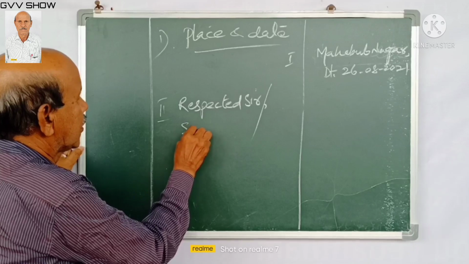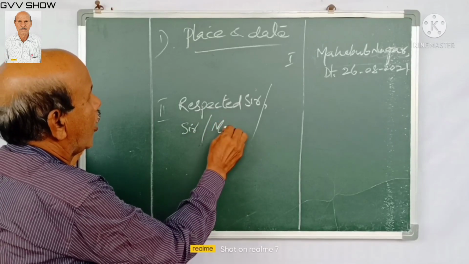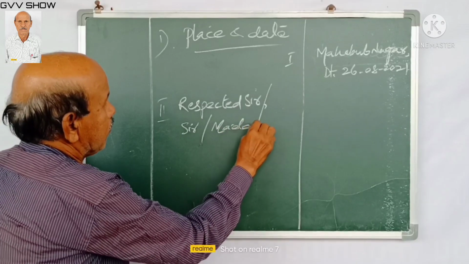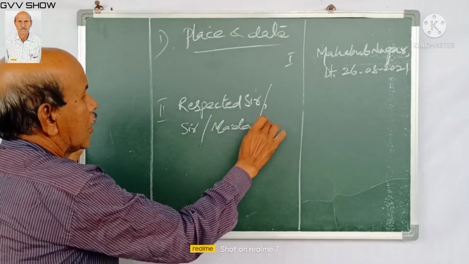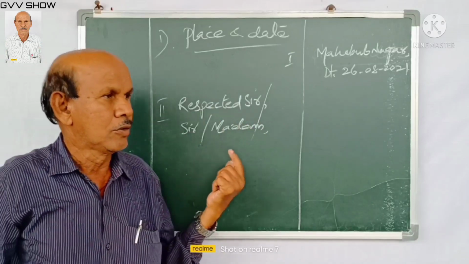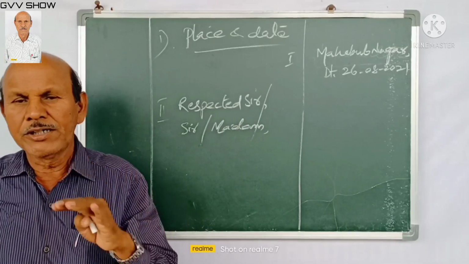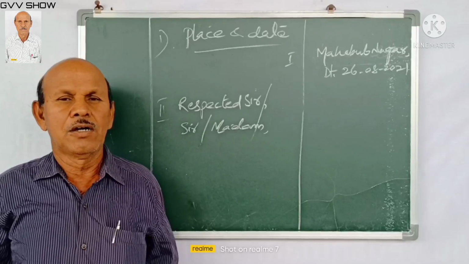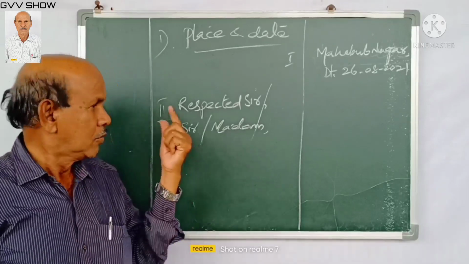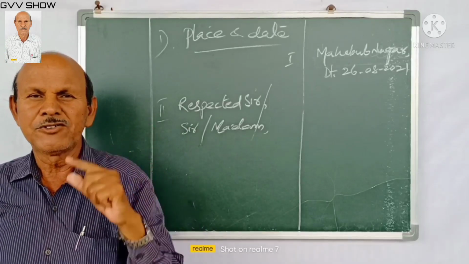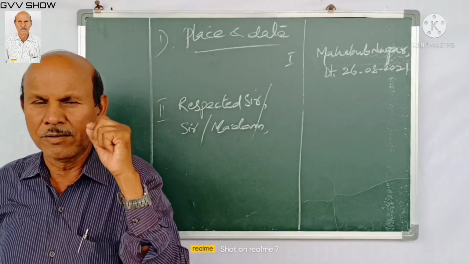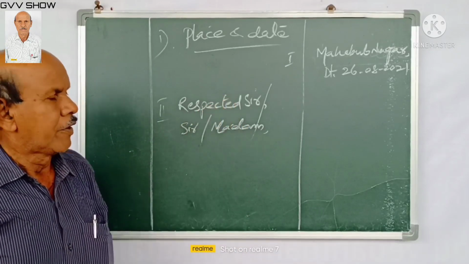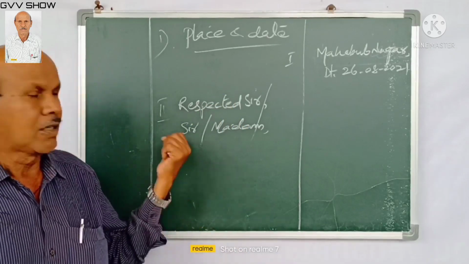Sometimes you write sir or madam. If you write to your family members or friends, you write dear friend, dear father, dear mother, dear brother, dear sister. Whenever you write to officials, principal, headmaster or director, you write respected sir or dear sir, dear madam.